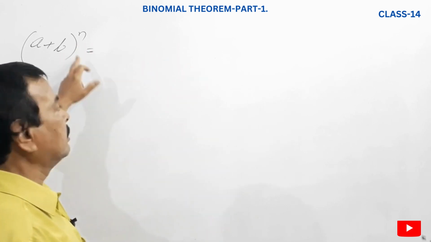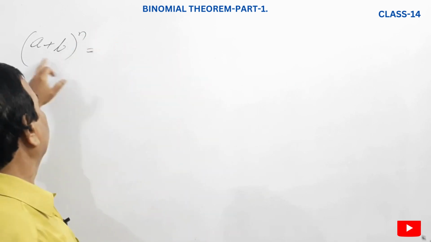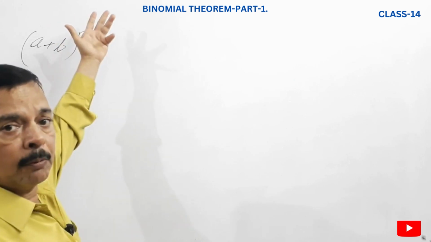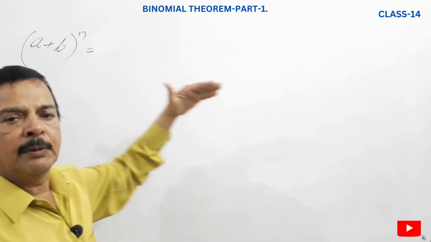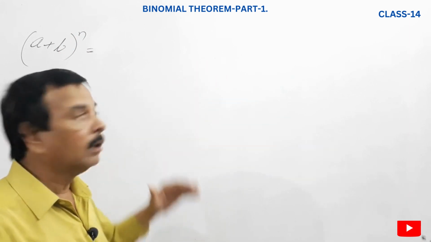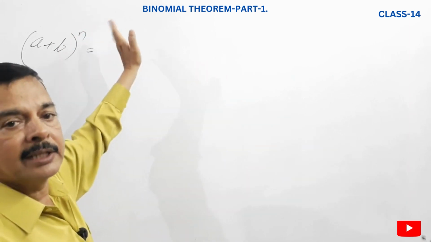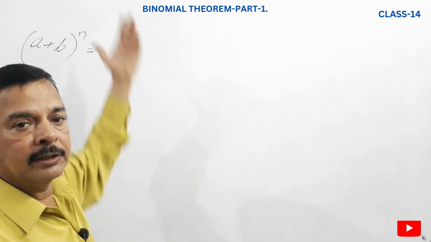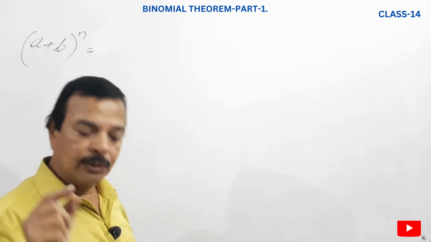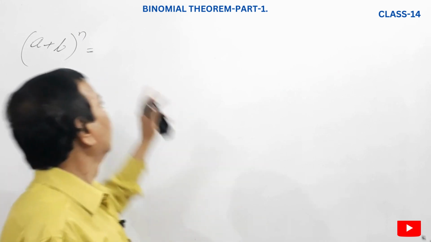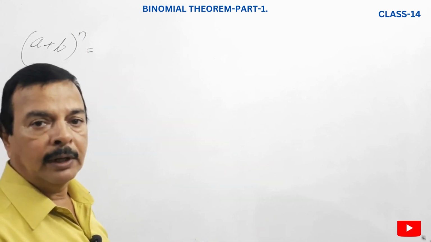If n equals 3, a plus b the whole cube. If n is 4, a plus b to the power of 4, and so on. Until then you are comfortable, you can do it. But the moment the value of n increases, it becomes difficult to expand. So in order to solve such things, we will go for the binomial theorem.